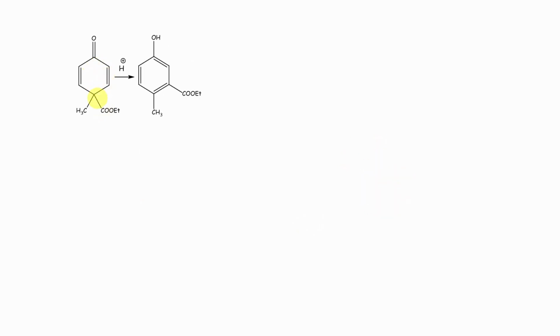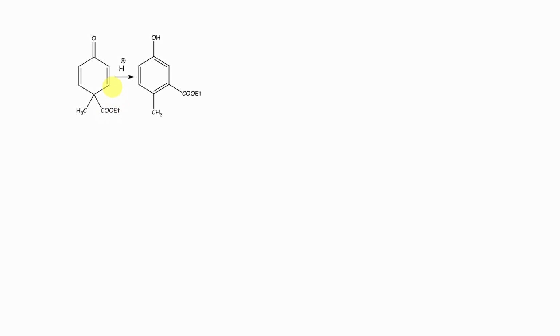In this case, the migrating groups are an electron donating methyl group and an electron withdrawing ester group. We get this product by shifting the electron withdrawing group to the second position.